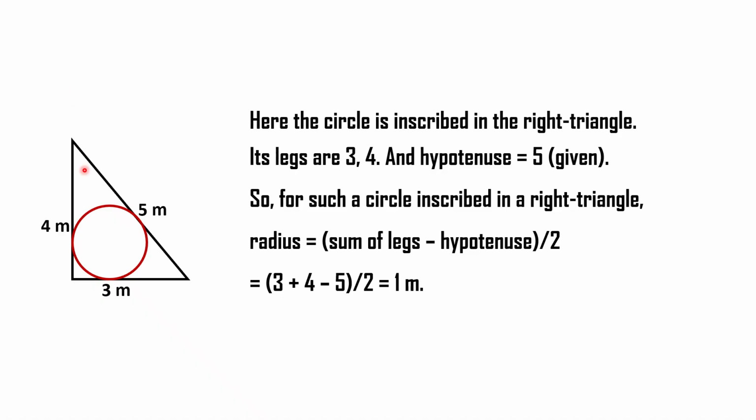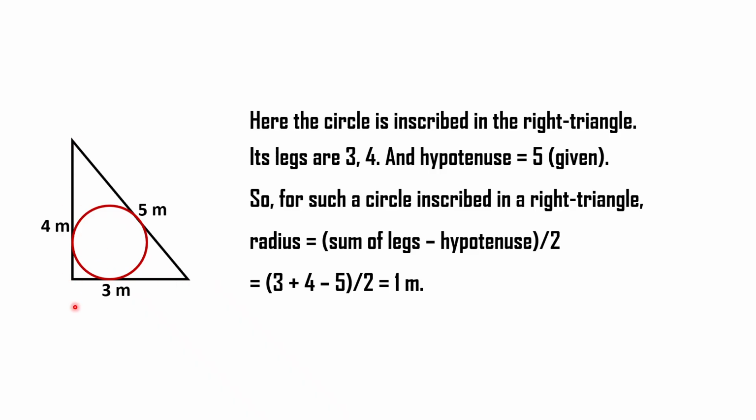Now we take the first case where the circle is inscribed. Case 1: the circle is inscribed in a right angle triangle. The circle is inscribed means the circle is inside. Hypotenuse 5, the legs are 4 and 3.